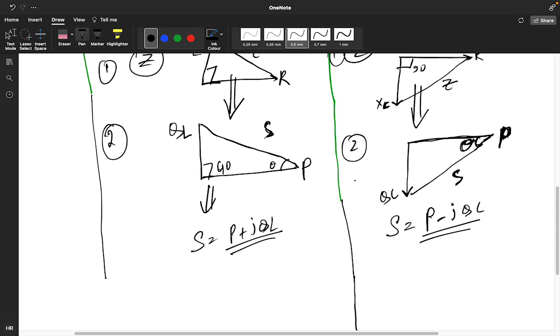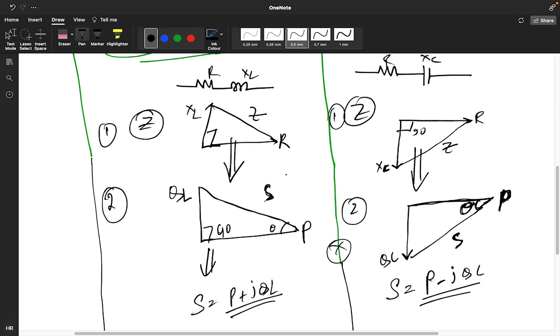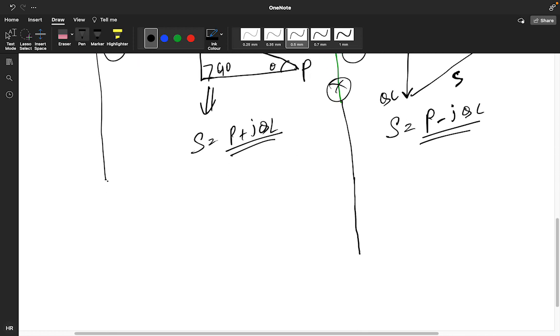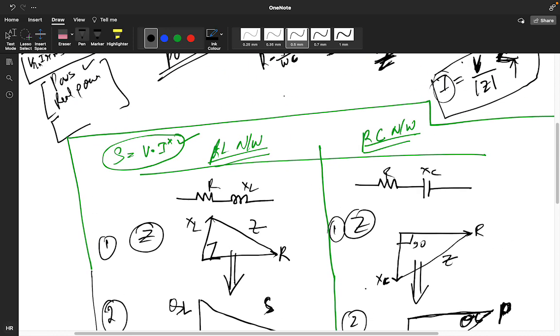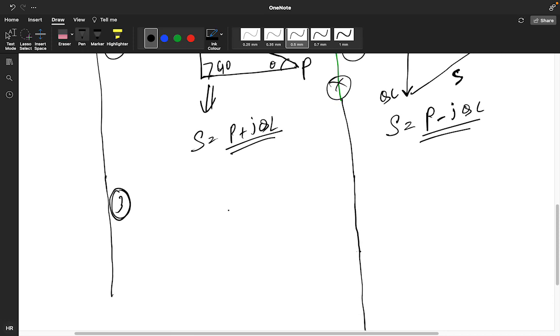Okay, this is very much important. The last things are very much important. You need to know these things. So from here, the relations between current and voltage.